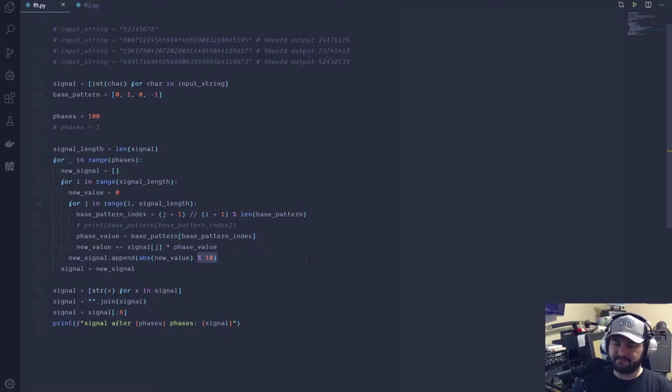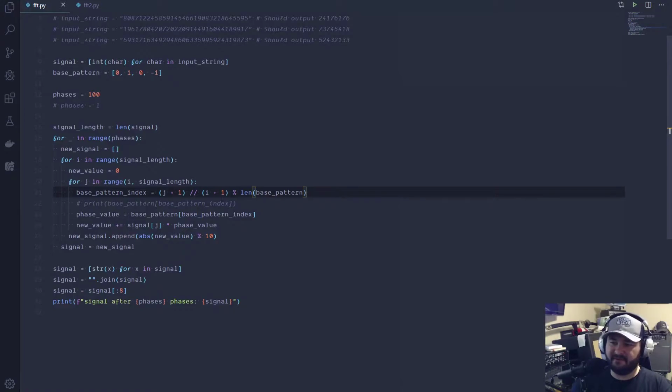So we get the phase pattern digit for that loop, and so that is this crazy formula. The inner loop number plus 1 divided by the outer loop number plus 1 mod the length of the base pattern, which is always 4.